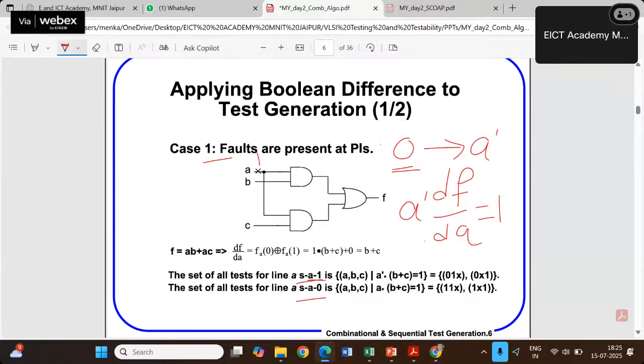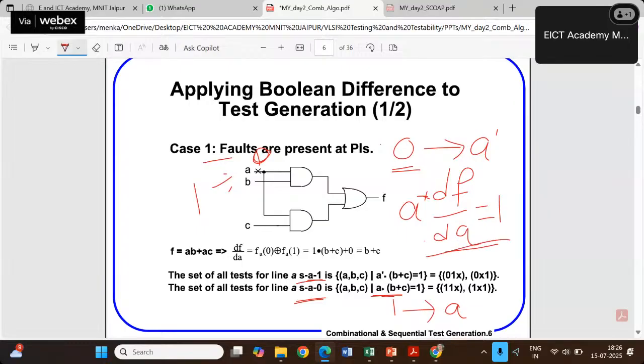Likewise, for stuck at 0, my job is to push it to 1, and 1 for min terms means the prime value A. So I'm going to AND df upon dA with A, and that is equal to 1.